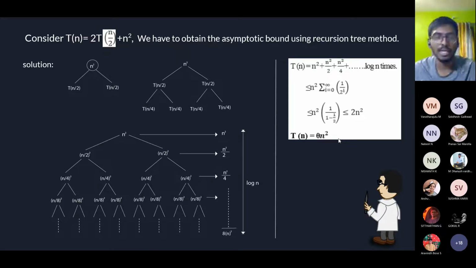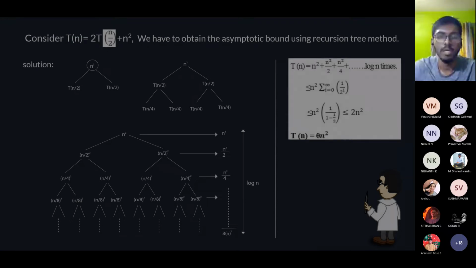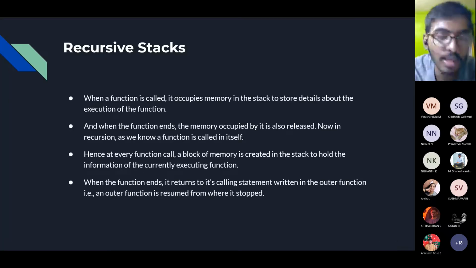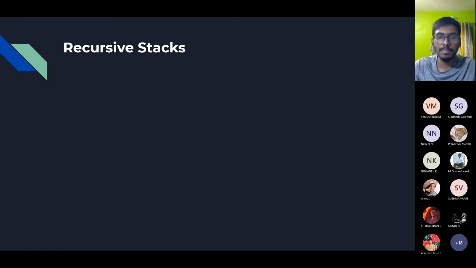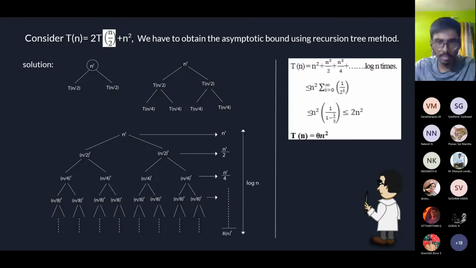This is a basic, simple problem. It's not complex. There are some complex problems also, but for your understanding, I'm using the simplest problem. So here comes the stack in recursion. In the previous problem, I said there are branches.